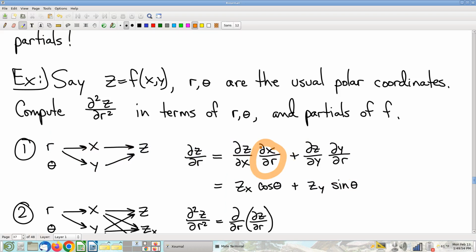Partial of x with respect to r, for example. Well, we know what x is. x is r cosine theta. Easy formula. So partial with respect to r is just cosine theta. And likewise, partial of y with respect to r is sine theta. Then a couple of notational points. This partial of z with respect to x, just as a notational choice, I'm going to write that as z sub x because it makes it look a little bit more compact. Likewise here.